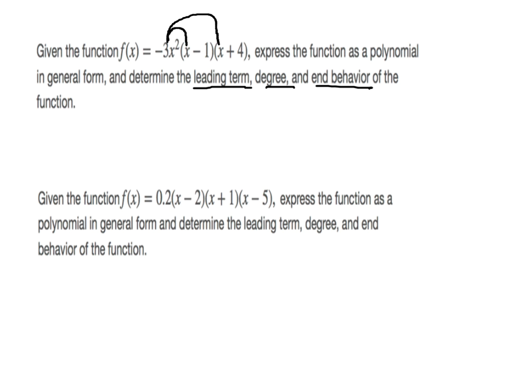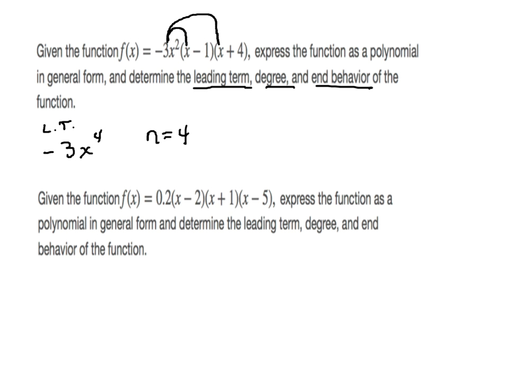by the leading term of each of the other binomial factors. So my leading term is going to be -3x squared times x times x. My leading term is -3x to the 4th. This leaves me with a degree of 4.